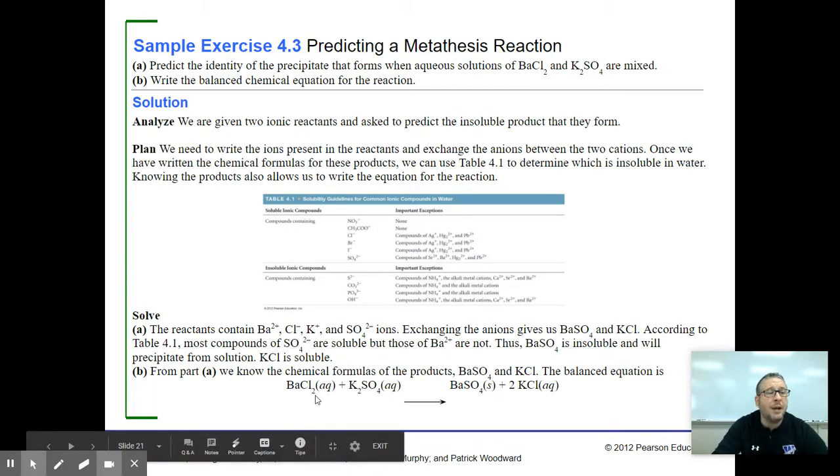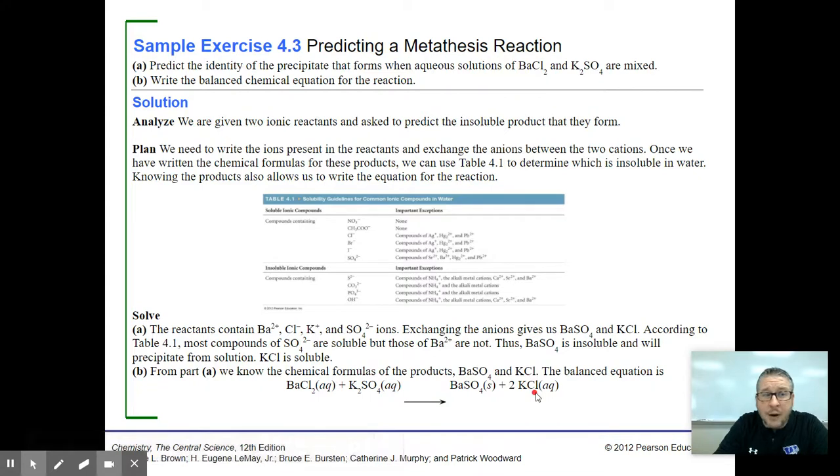So we are told that aqueous barium chloride and aqueous potassium sulfate are going to react. When they react, the cations switch partners, okay? So potassium is going to join chlorine, and barium is going to join sulfate. And so we get barium sulfate and potassium chloride.